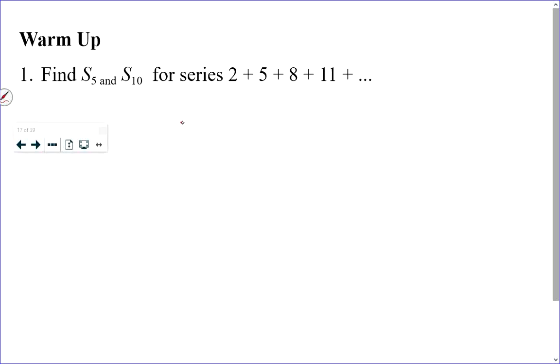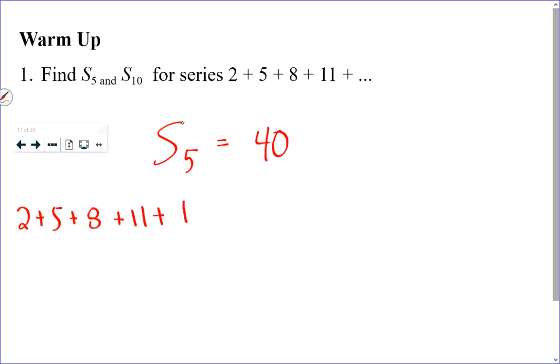I will put down what S5 is just to make sure that everybody is on the right track. But I want somebody to confirm that it is 40. It is, okay. So what I've done here is I've said, well, this is 2 plus 5 plus 8 plus 11 plus 14.